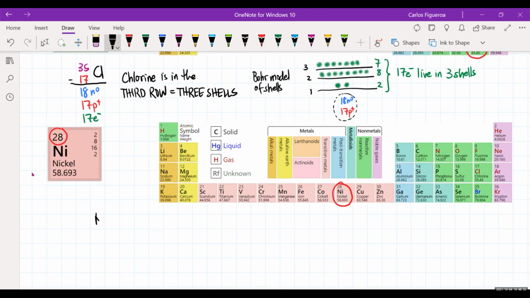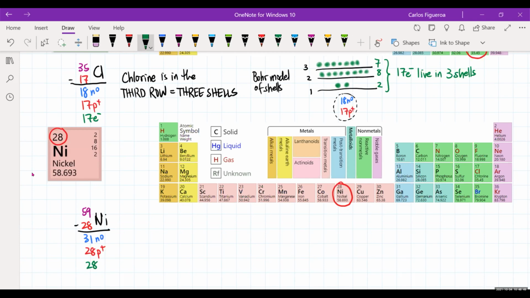So I got nickel. And if I look at that, the total number is going to be 59. This guy's going to be 28. So let's subtract this and get the structure here. So then if I subtract these guys, I'm going to get 31 neutrons.